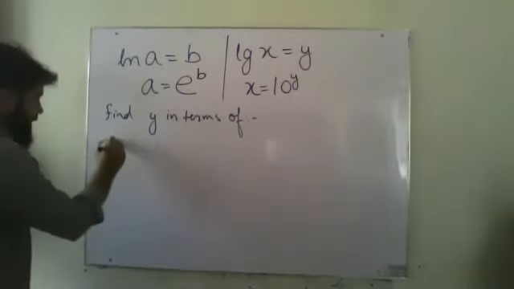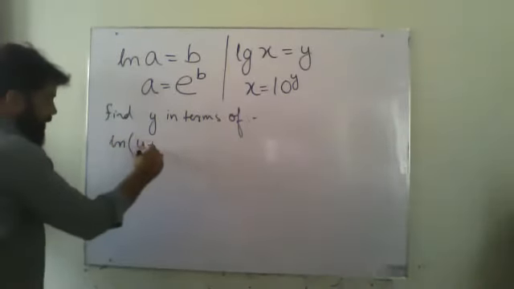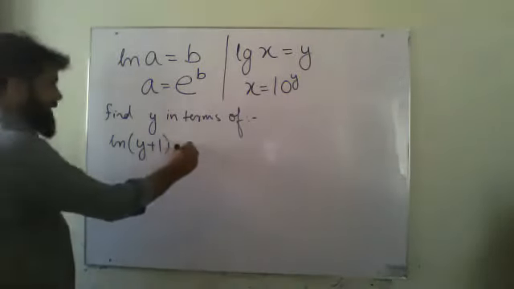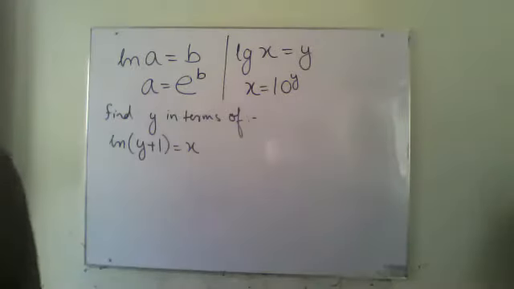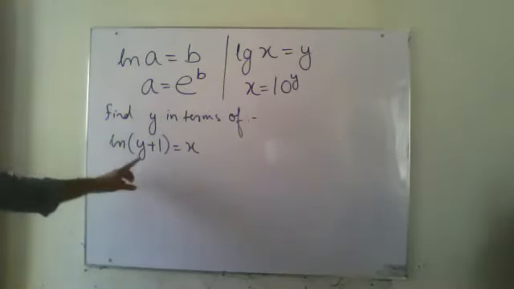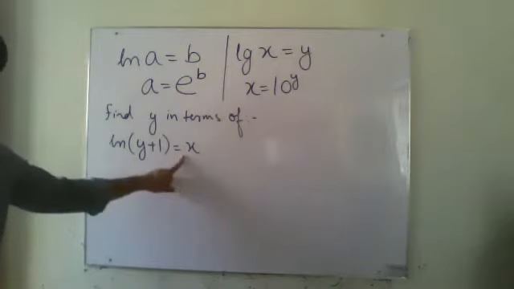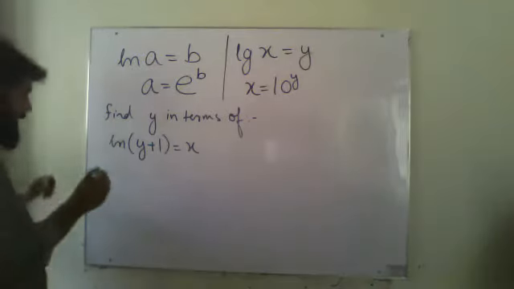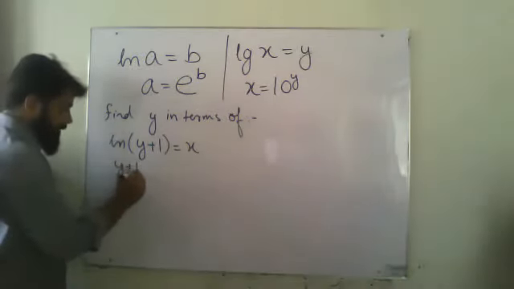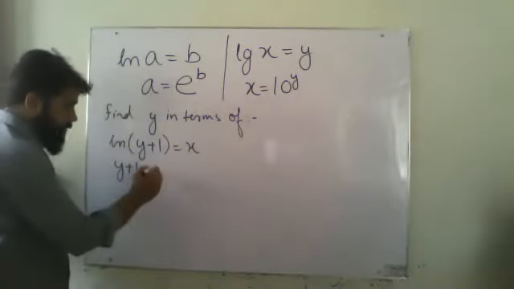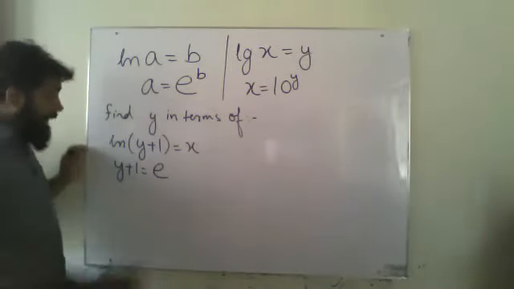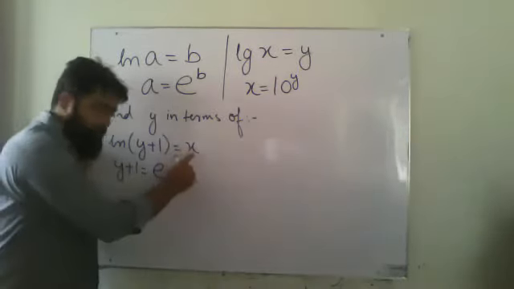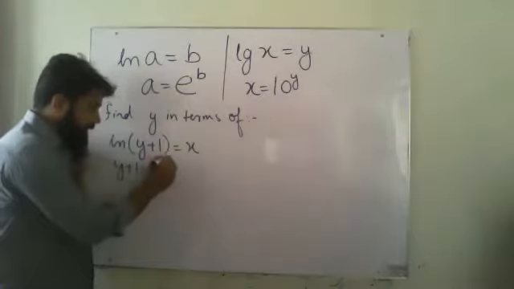So the new question is ln (y plus 1) equals x. This is my new question. First of all, there is an ln, and I have to shift it to the other side. It will become y plus 1 equals e, and again I'm saying, whatever is written on this side will be written as the power.